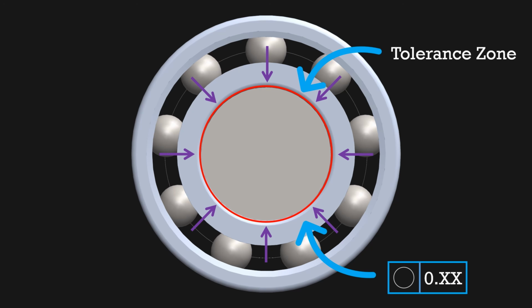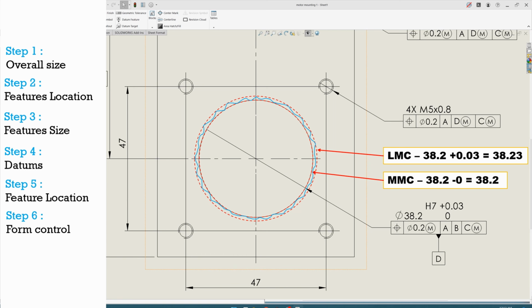Same in the case of manufacturing drawings. Understanding the GD&T rules and all the controls is one thing. But where to apply, when to apply, which to apply is a different thing. It all depends on your design, on your understanding of your own design. For example, as we have seen in this bearing shaft mounting example and this motor mounting example.